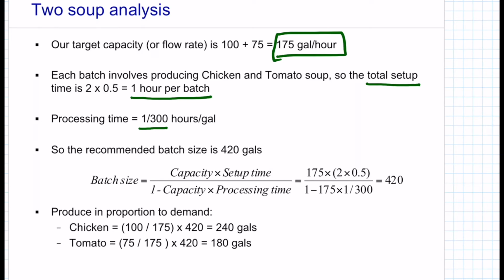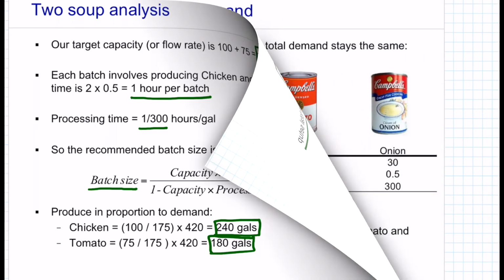Plugging in the values, we get a batch size of 420 that will minimize the inventory. We can proportionately divide this 420 between chicken and tomato soups by taking the ratio of demand over total demand and multiplying that by the batch size. So we get 240 gallons for chicken and 180 gallons for tomato soup.